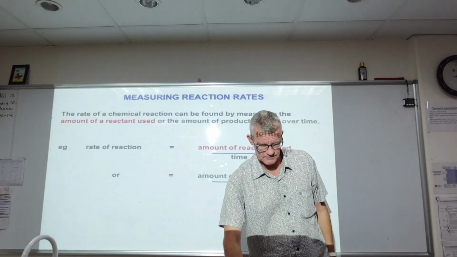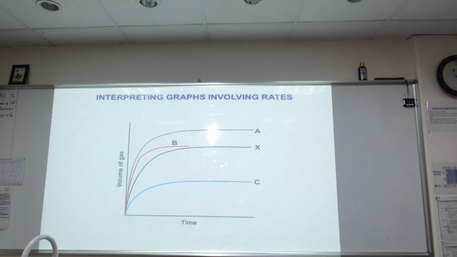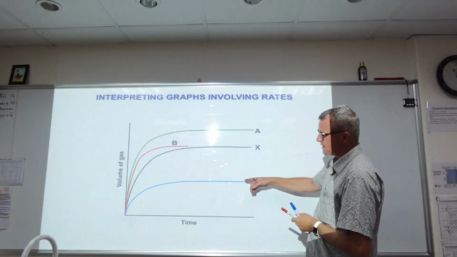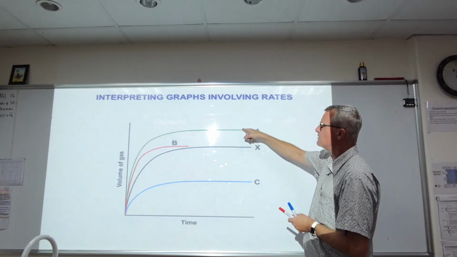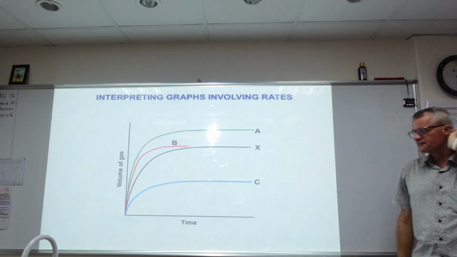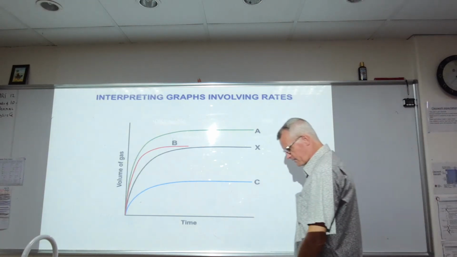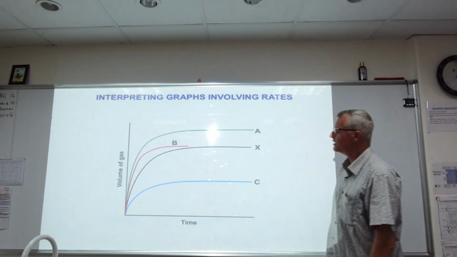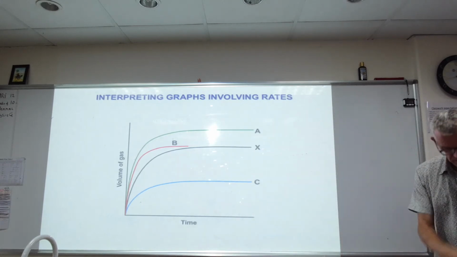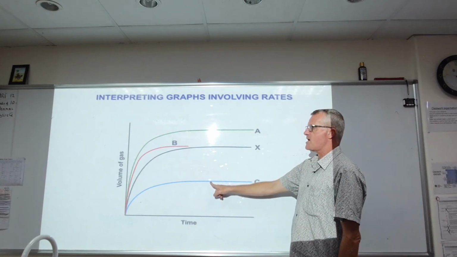Okay. Now, let's look a little bit again at how we interpret the graphs involving the rates. If we look at products, for example, we use different concentrations of hydrochloric acid by adding calcium carbonate.